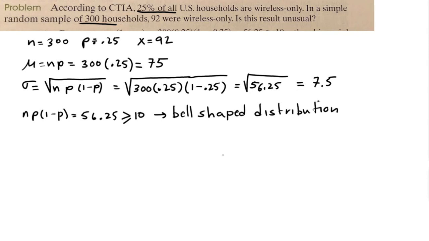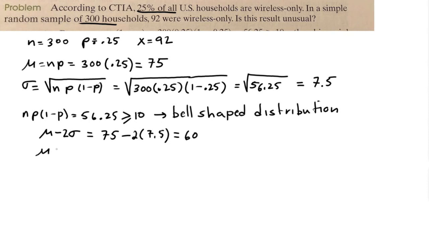So let's see where our x value of 92 falls within that bell-shaped distribution. I'm interested in 2 standard deviations. If I'm more than 2 standard deviations from the mean, then it's going to be considered an unusual value. So let's get that interval. The mean minus 2 standard deviations is 75 minus 2 times 7.5, which is 60.